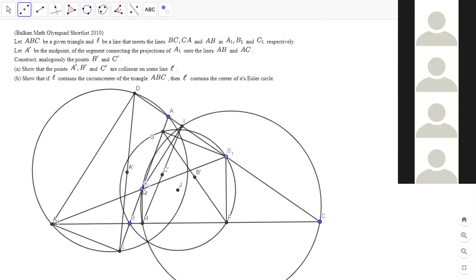Okay. So those are the centers of the circles, right? Yeah. And could you draw that line? Yeah.